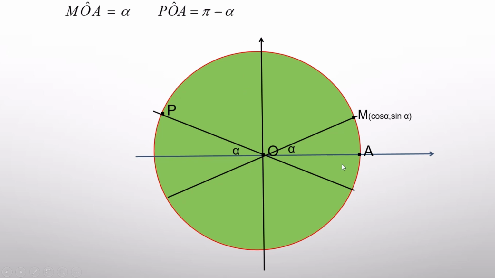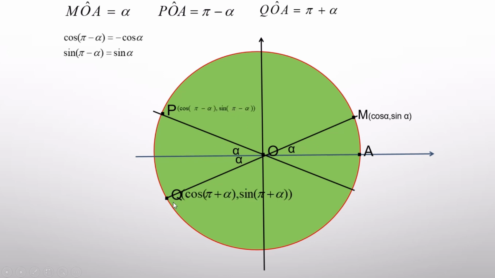The point P: the oriented angle OA, OP, or the geometric angle AOP, is equal to what? To pi minus alpha. Then the coordinates of P are what? Cosine pi minus alpha, sine pi minus alpha.